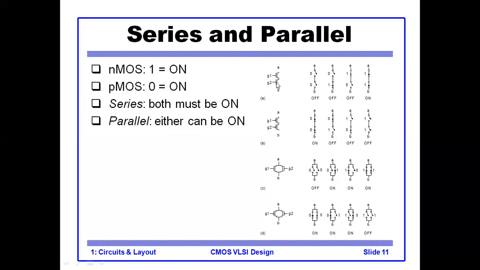When two N-type transistors are in series, we get four possible combinations, and with these four combinations you can work out how we get the conduction path.